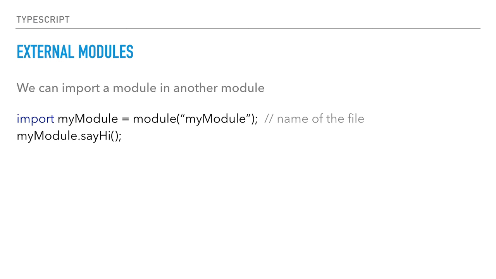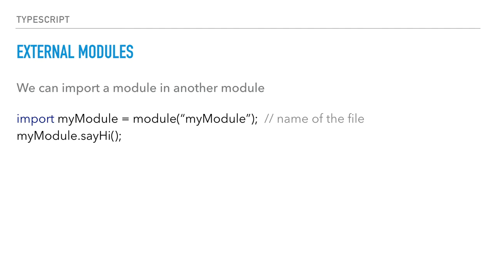Also, if you are working with different files and different modules, you need a way to import and export modules that are defined in other places. So you can, for example, in this case, import my module using the keyword from TypeScript module, and you are specifying that you want to import my module with the name my module.